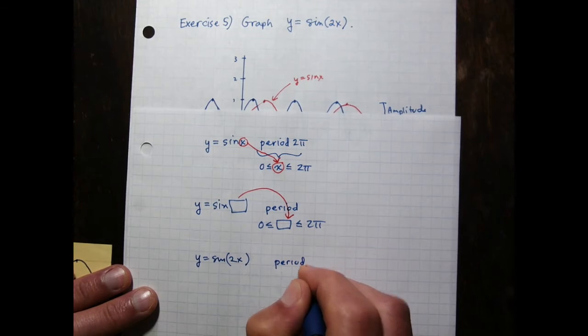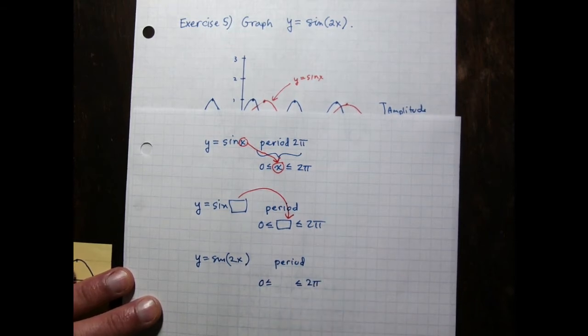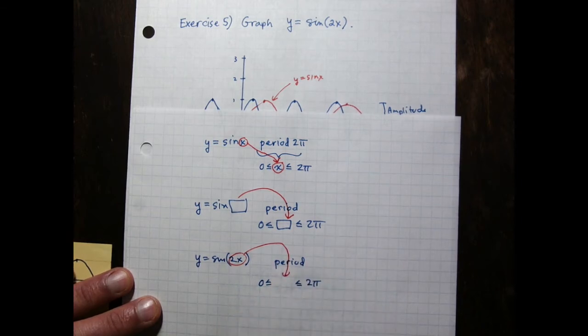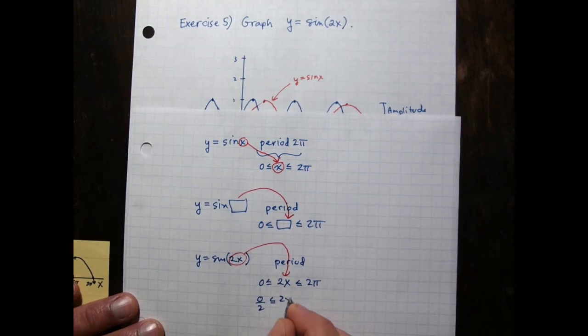If we're trying to identify its period, I'm going to take the 2x expression and put it in this inequality between 0 and 2 pi. And if I divide by 2 to isolate x, I get 0 less than or equal to x less than or equal to pi.